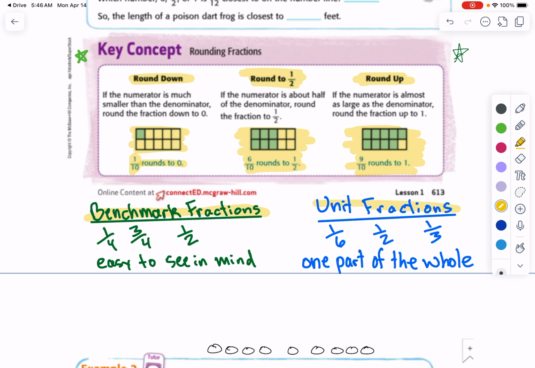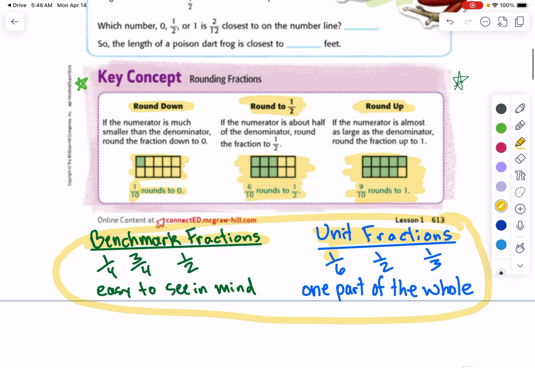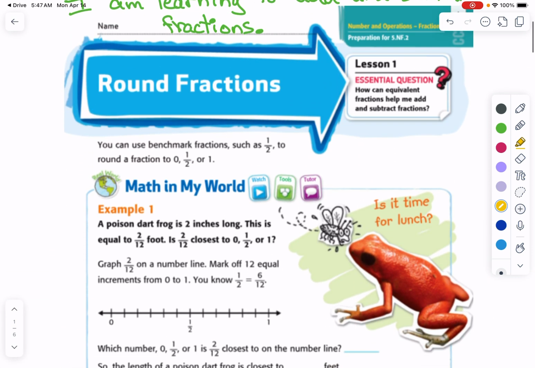And then a unit fraction just means one part of the whole. So you will always see a 1 in the numerator's place for a unit fraction. So all of this right here should go into your notes. All right, once you pause me, get that done. Once you're done, scroll, come join me up here at the top, okay?